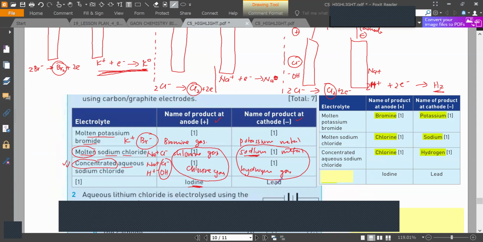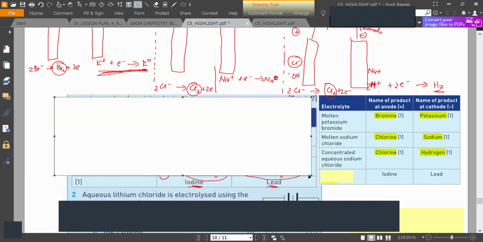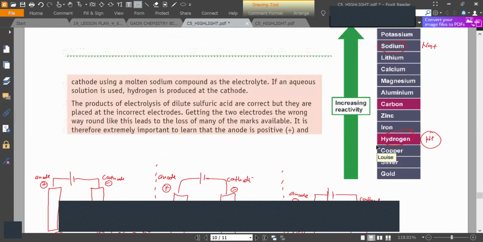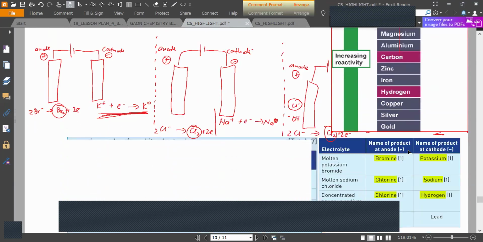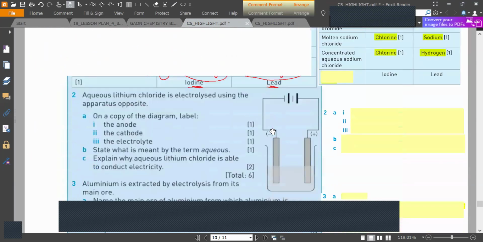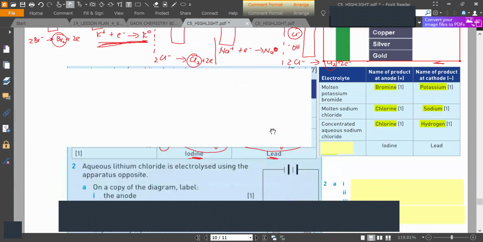This one, iodine and lead. How can we get iodine and lead?